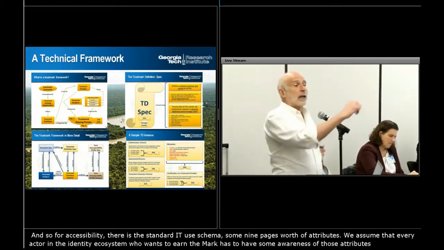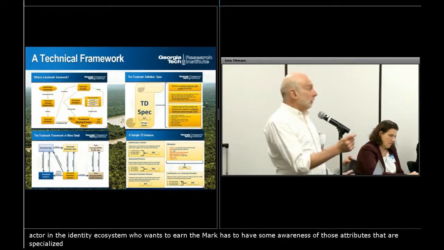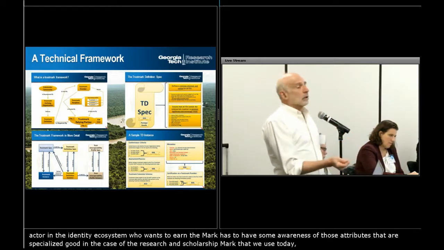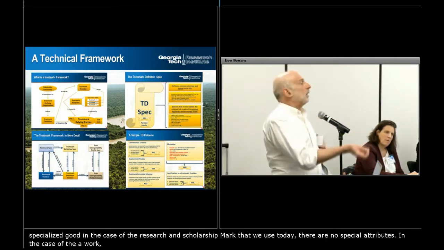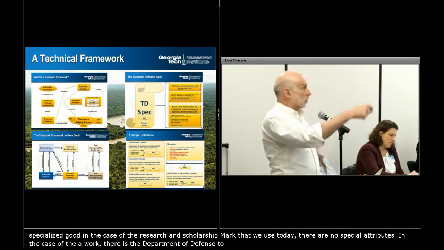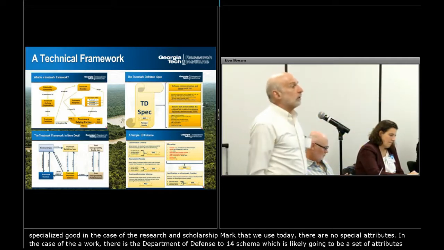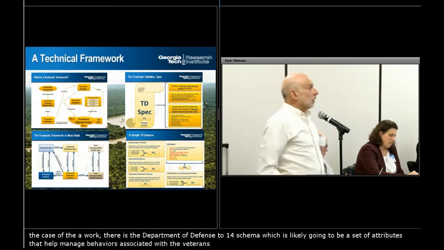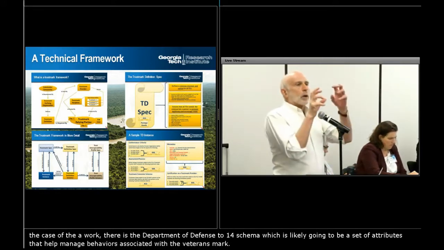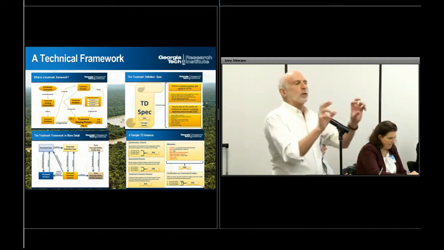In the case of the VA work, there's the Department of Defense 214 schema, which is likely going to be a set of attributes that help manage behaviors associated with the veterans mark should we get there. With Prevo, there's going to be a set of attributes associated with the binding of parents to kids, for example, that Prevo may need. So the question of where we put these specialized attributes for marks is an interesting one.